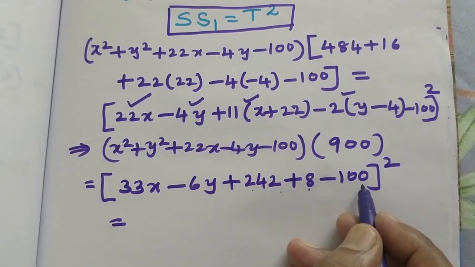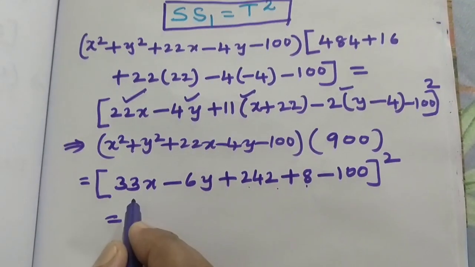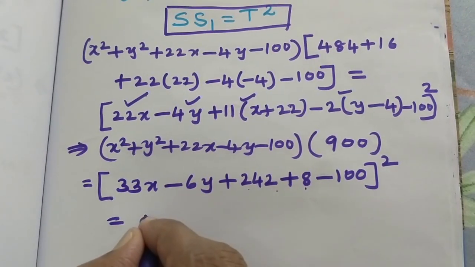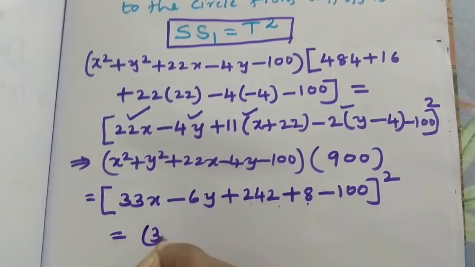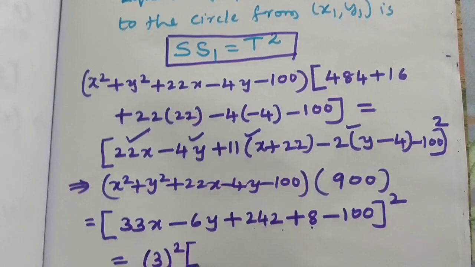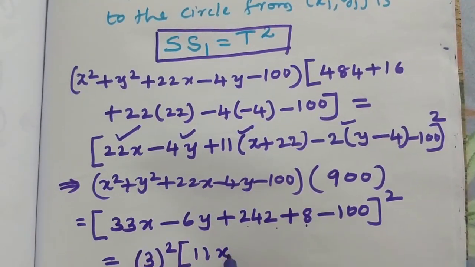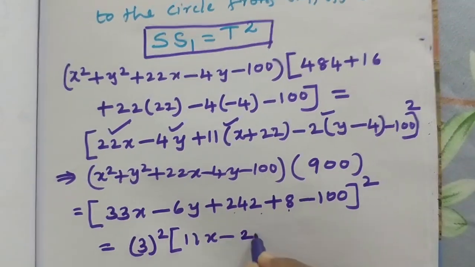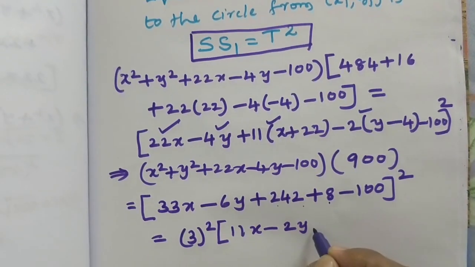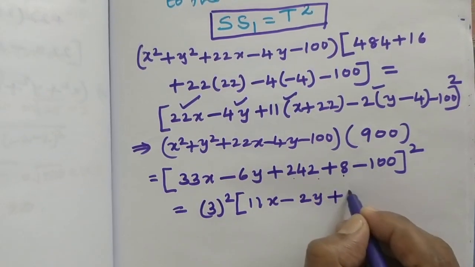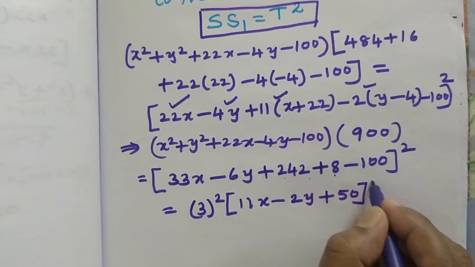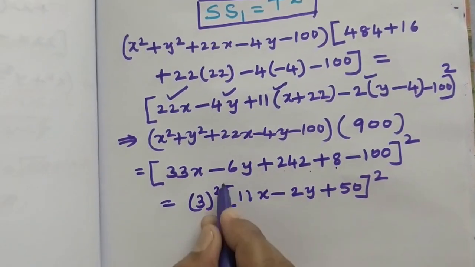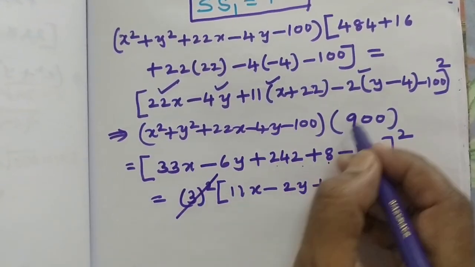So from this you get the 3 as common. So 3 square into 11x minus 2y, 150 becomes 50 whole square. Okay, 3 square is how much? 9. This is 9 into 100.